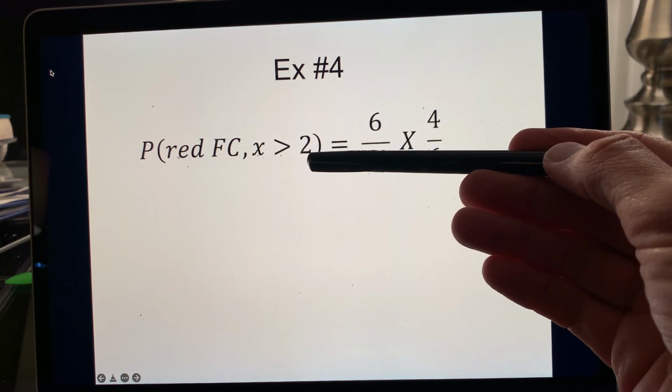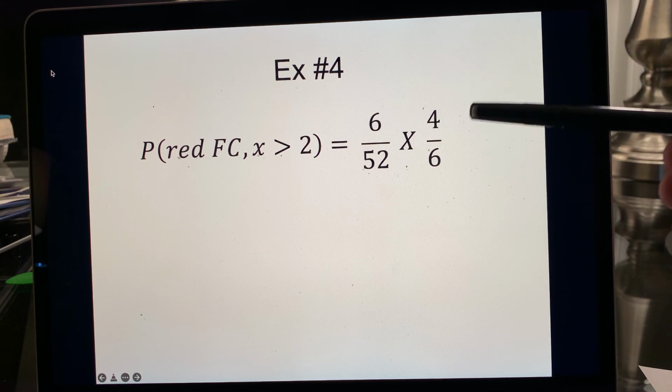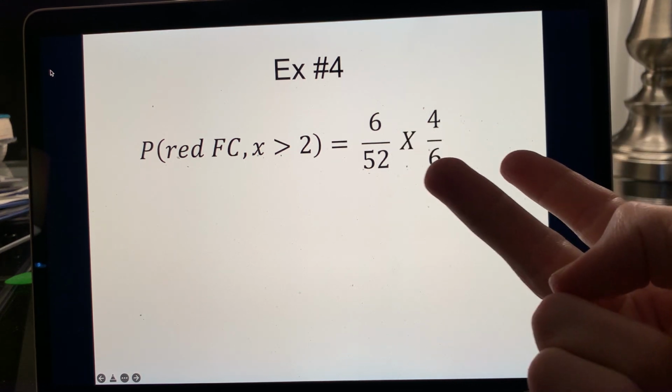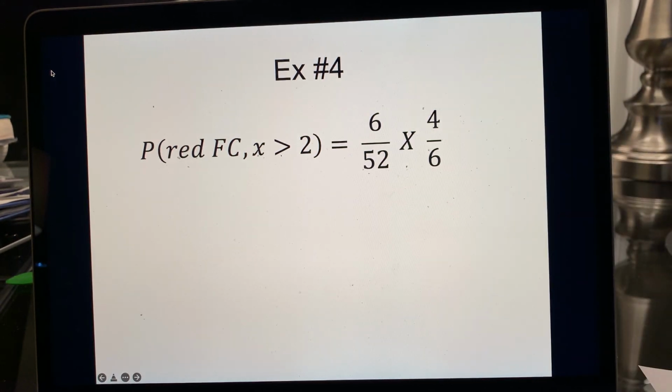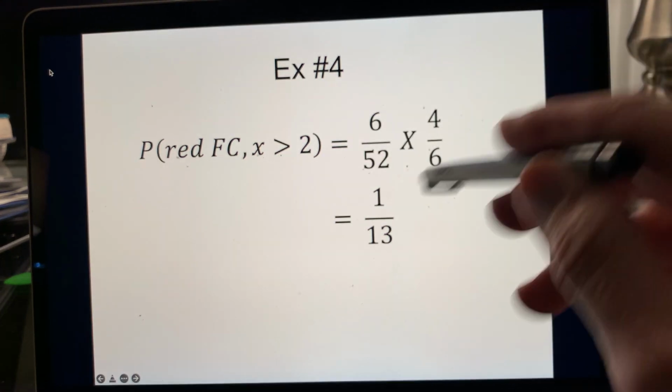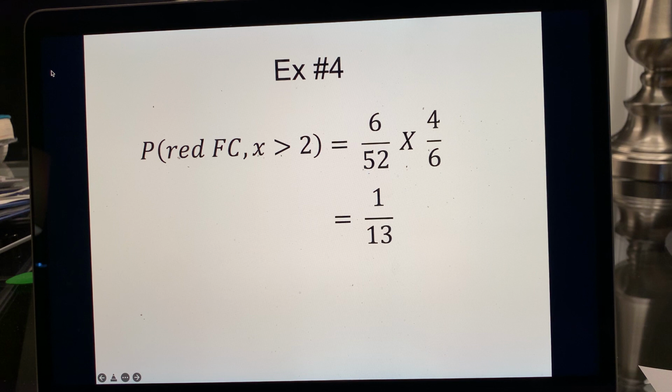Rolling a number larger than 2 on a 6-sided die, I could roll a 3, 4, 5, or 6. There's 4 options out of 6 total on the die. The 6's divide out, and the 4/52 becomes 1/13.